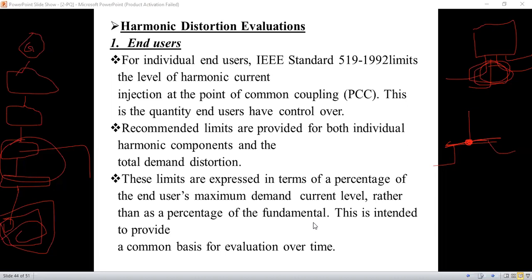This is intended to provide a common basis for evaluation over time of the harmonic distortion. This is the end user side. Whatever distortion we have to evaluate, based on this IEEE standard only, we limit the harmonic distortion here.